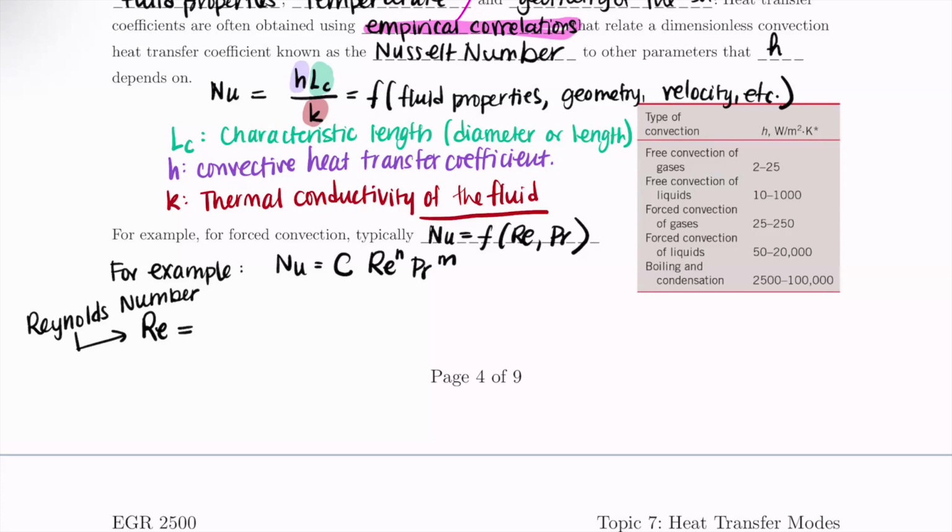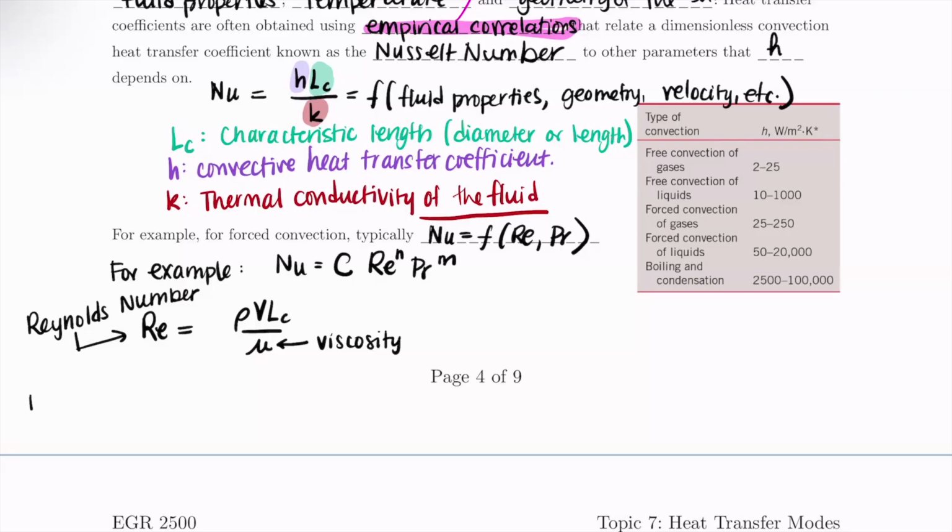Okay, so our Reynolds number, I'm going to tell you very high level what it is, but I talk about it a whole lot more in 3500 or in a fluid mechanics class. The Reynolds number is the density times the velocity over some characteristic length scale divided by viscosity. And this gives a measure of turbulence in the flow.